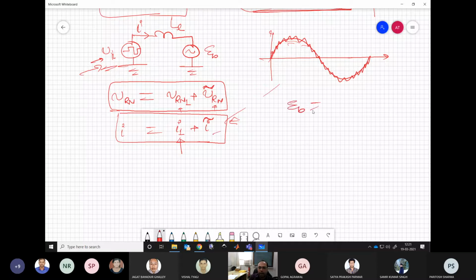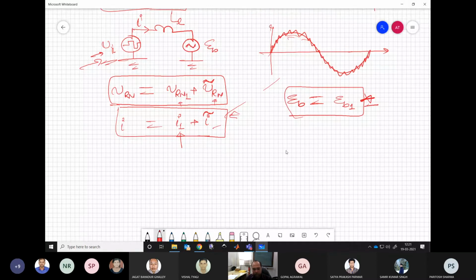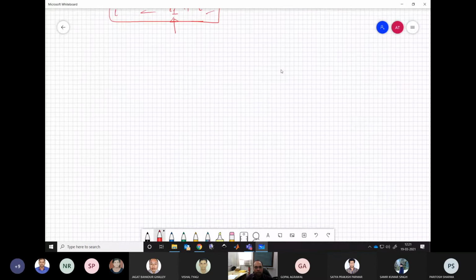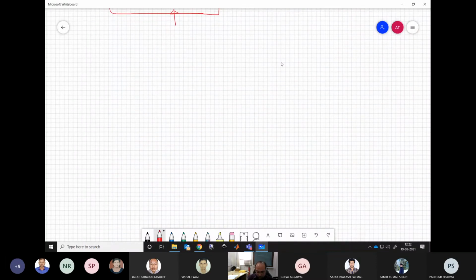And for back EMF, generally the machines are very well built. There are not many harmonics generated in the back EMF, and even in the grid we do not face a lot of harmonics. So we assume that this has only the fundamental component EB1. There is no harmonic component associated with the back EMF. So our analysis has to be restricted between the two components.